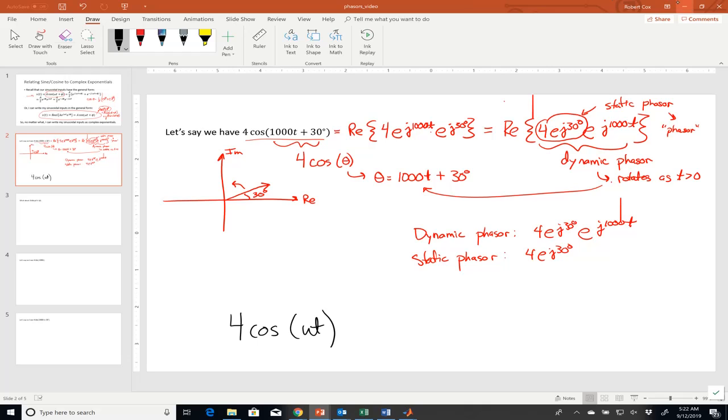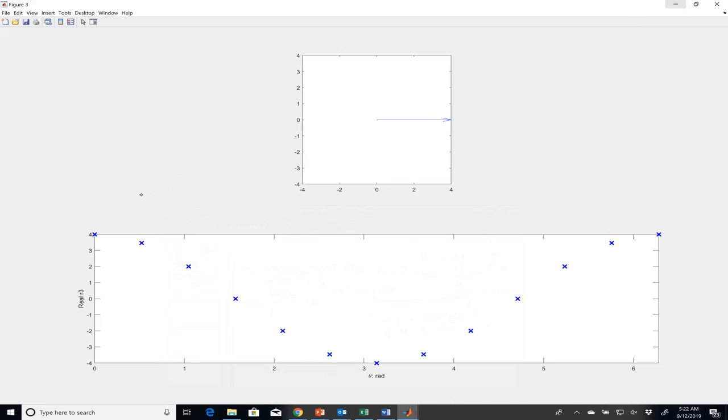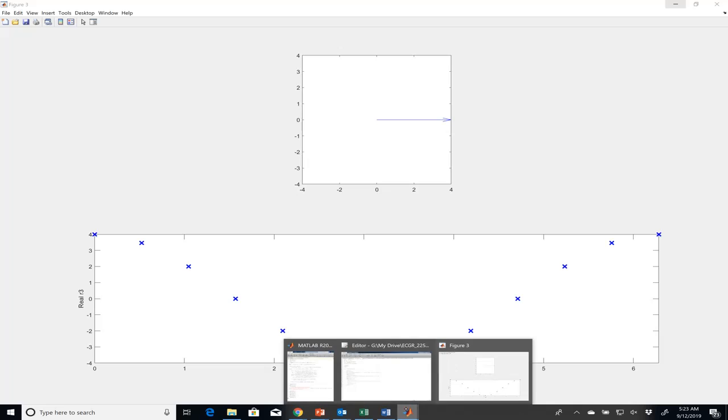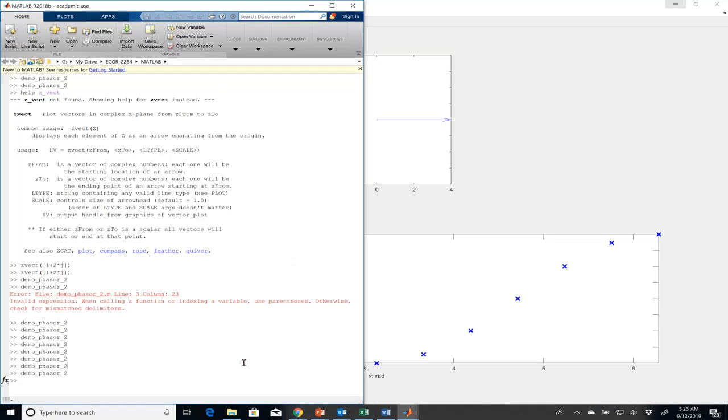I'm going to get rid of the 30-degree part for a second. What I've got on the top and the bottom here: on the bottom I'm showing the real part of my dynamic phasor, and on the top I'm showing both the dynamic phasor as well as the static phasor. Let's watch how those evolve over time. So I'm going to run my MATLAB script here.